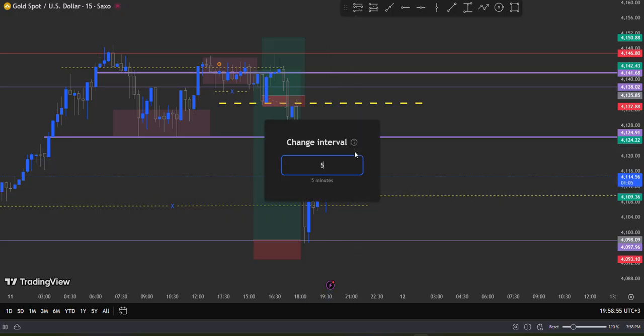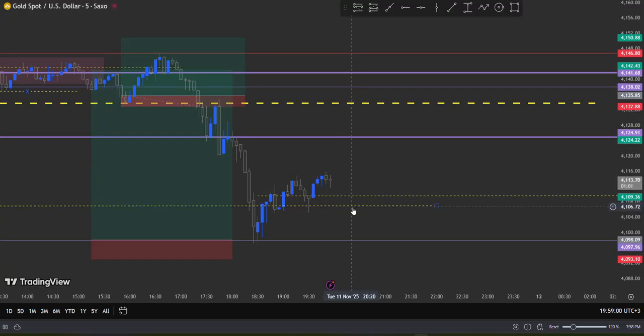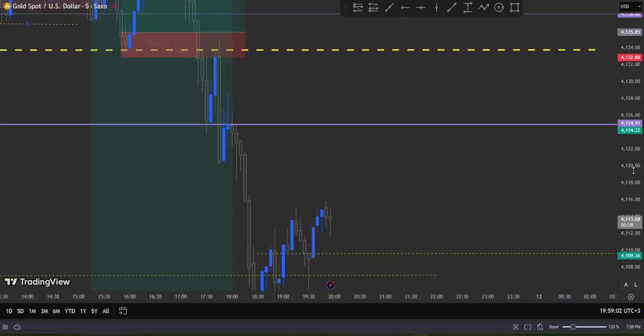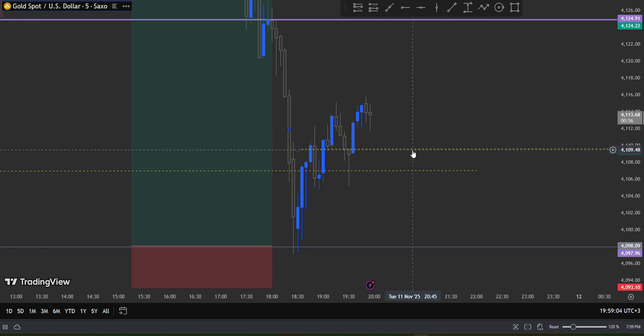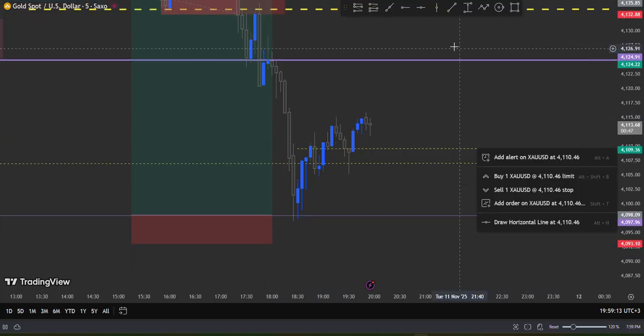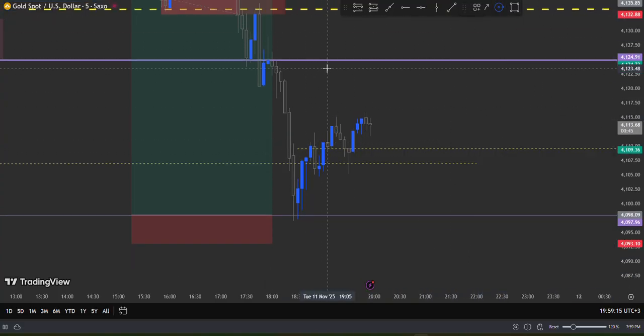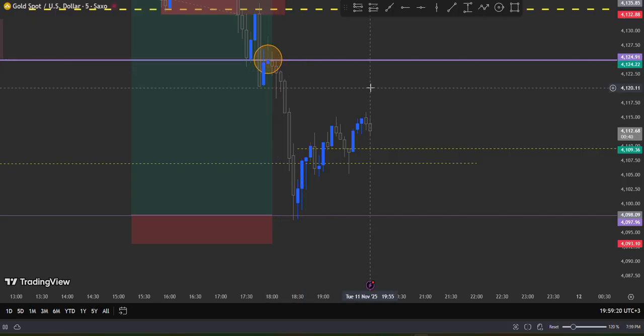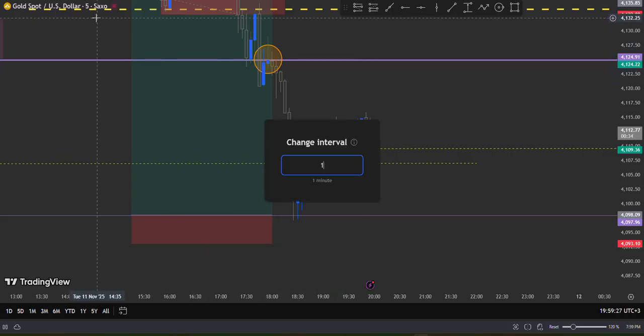Let me go to 5, but it's not good to make. So this zone is also on 5 minutes. You can see that the market on 5 minutes is making a breakout structure here. But the ideal thing would be to wait for the market to come and give us, if it breaks this region, then automatically we are in an upward movement.